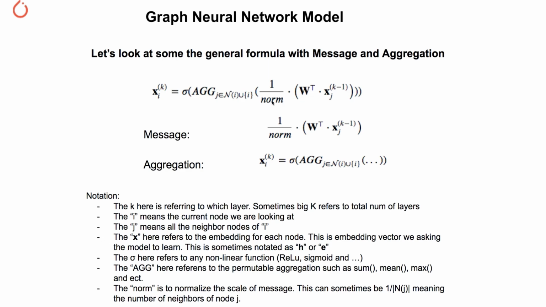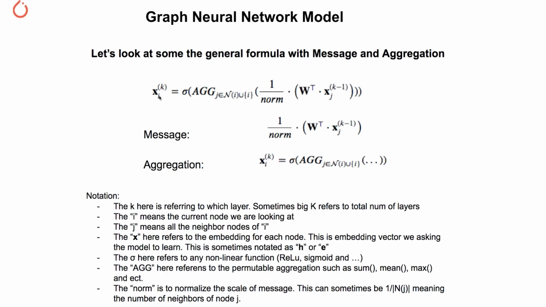And here you have a normalization term, which means if this message from my neighbor xj comes from a node with a lot of neighbors, then I want to normalize the proportion by the neighbor count. That's why sometimes it's divided by the neighbor count of j as a normalization term. Intuitively, if node j has a lot of neighbors, then the message that node i is getting should be weaker.